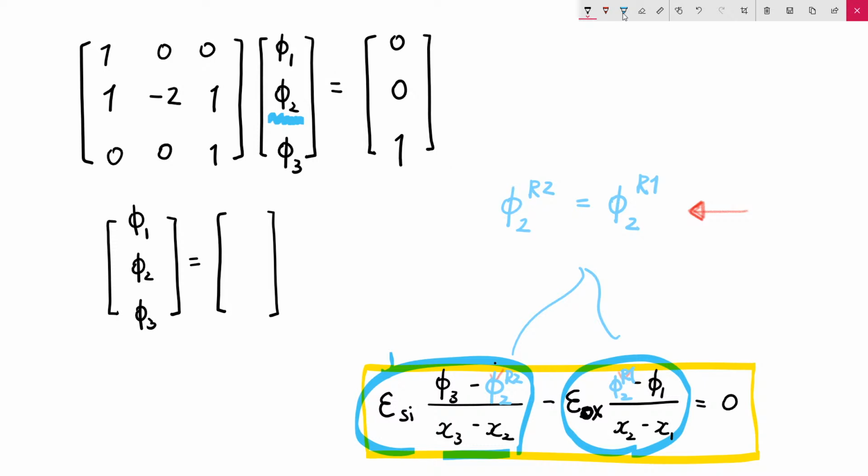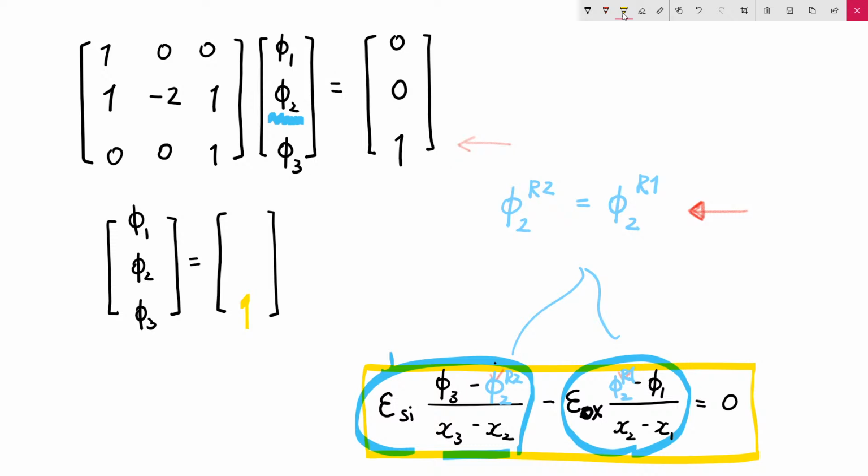Please read the third row. Phi 3 becomes just 1. So from the third row, we can immediately find that phi 3 equals 1.